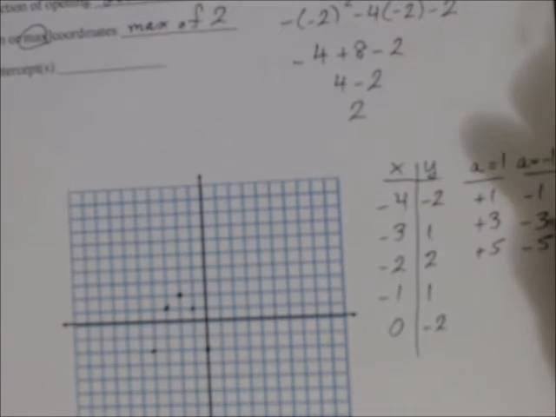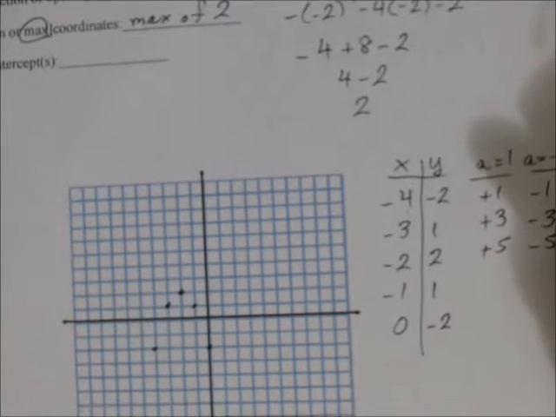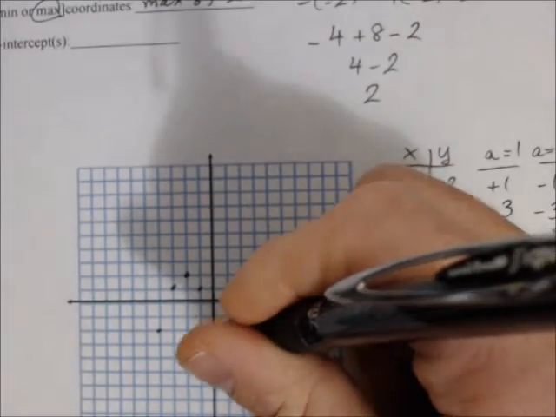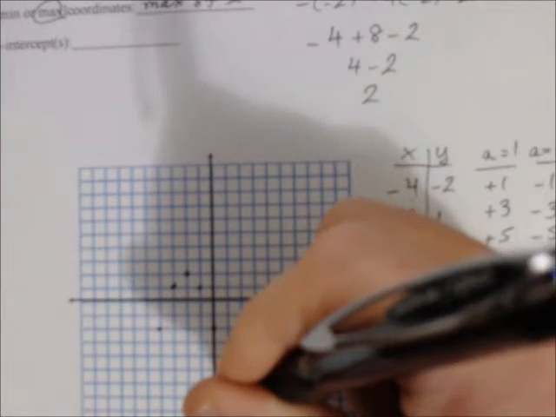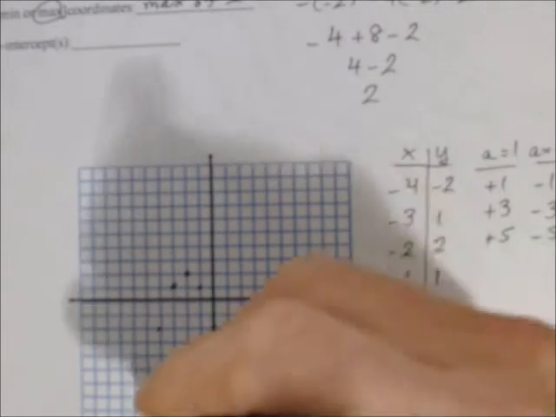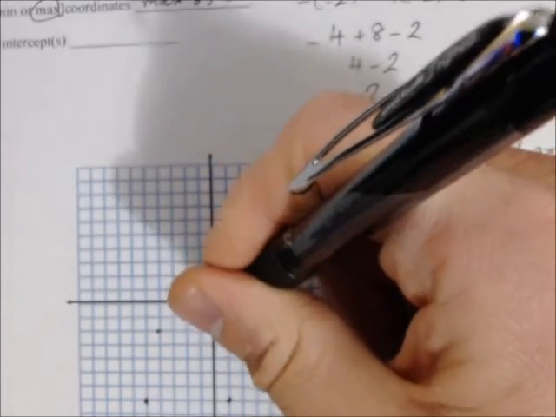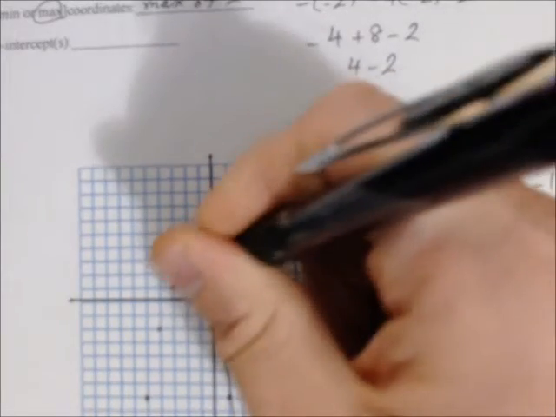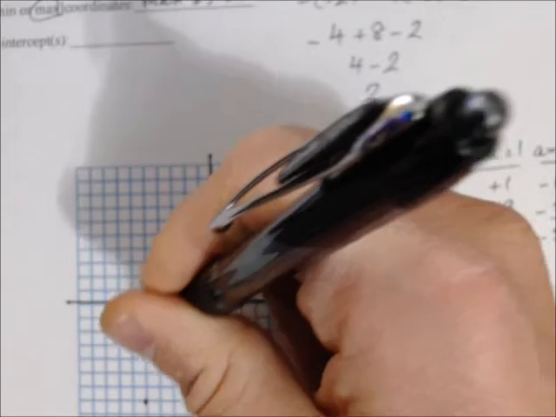We just went down 3. Now we're going to go down 5 to get those next values. So down 5. And these would be the next points. All right, that means we could get a nice curve here and draw a pretty good graph.